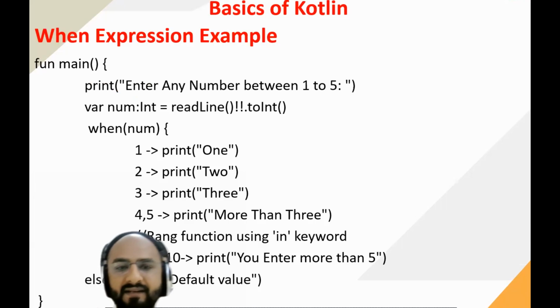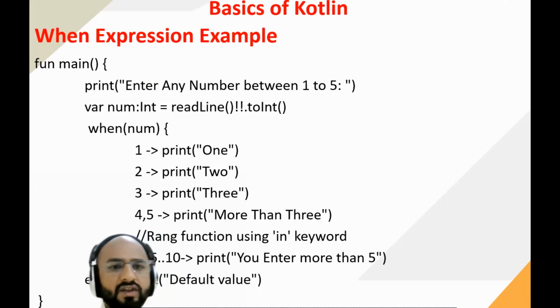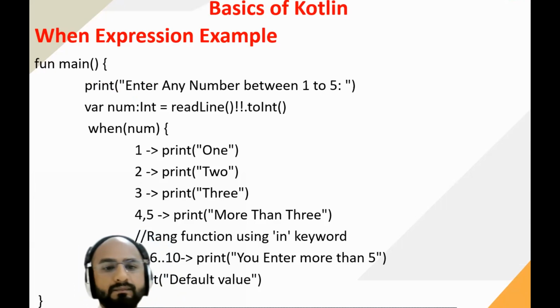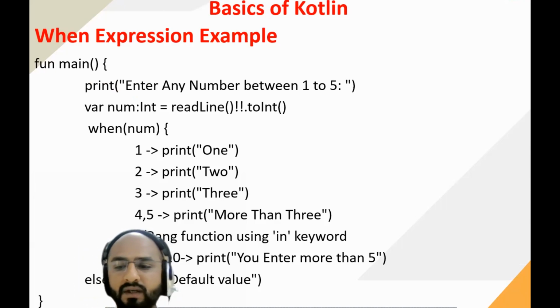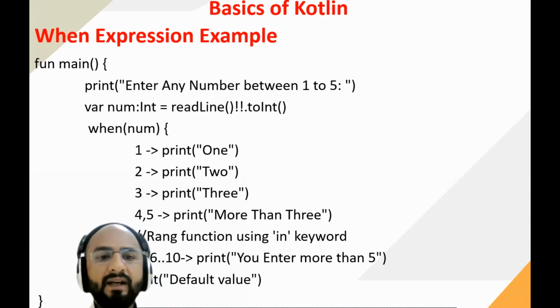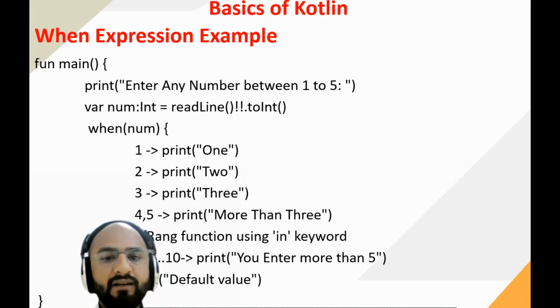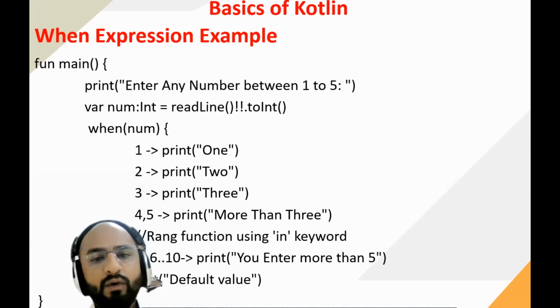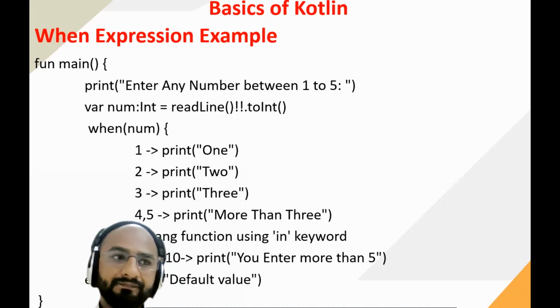So, let's have an example. For example, function main, print enter any number between 1 to 5. Here also you know how the switch statement works, but I am focusing on the syntax of the when statement in Kotlin. You can see I have created a variable number colon Int equal to readLine, exclamation sign, dot toInt.